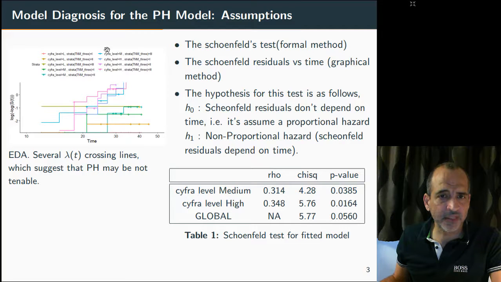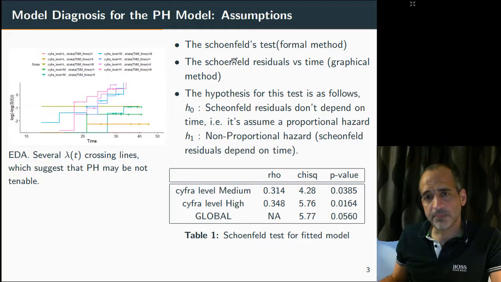The diagonal is related with a more advanced stage of the disease. And the ones that stay more stable are stages of the disease that are indeed more stable, less risky. So we can still see a trend of parallel lines, but of course the lines are crossing.